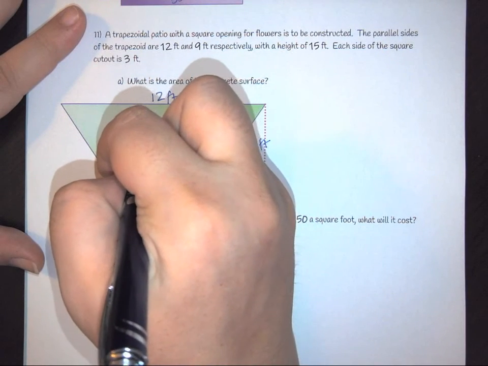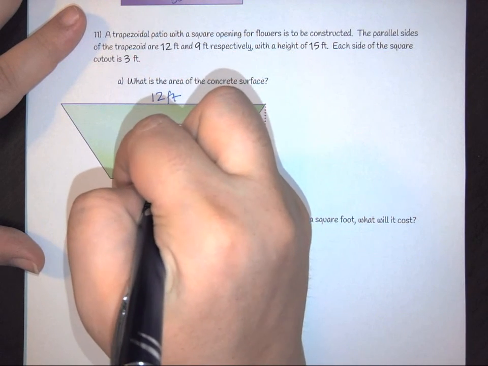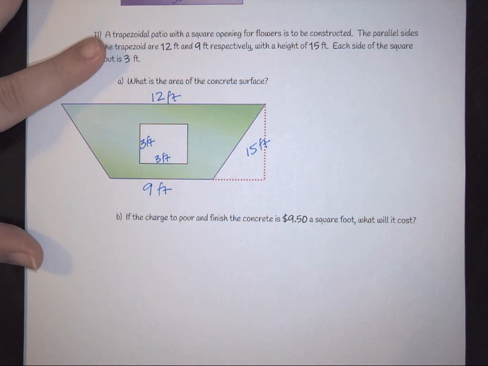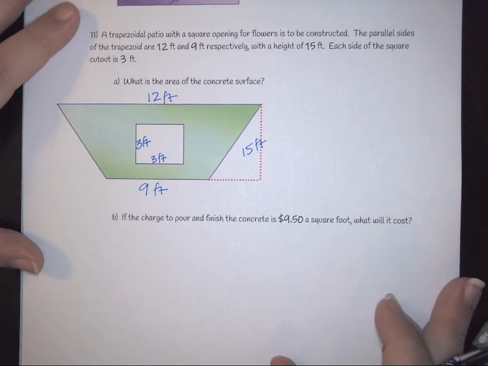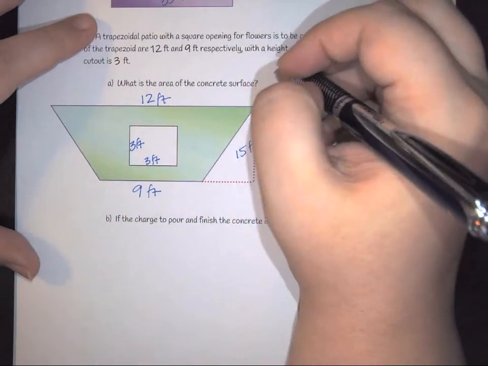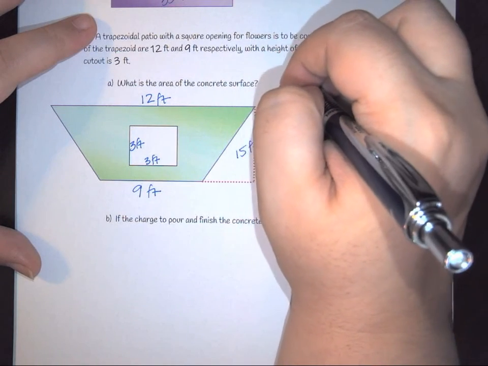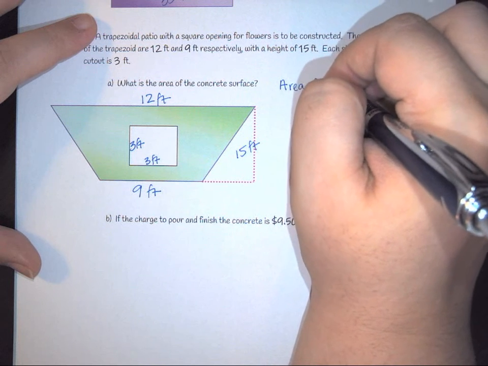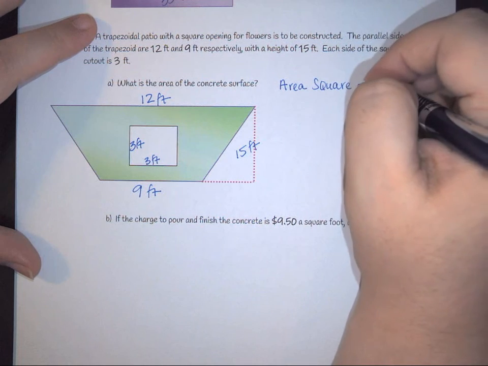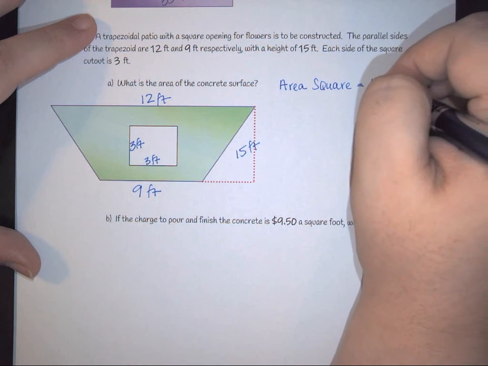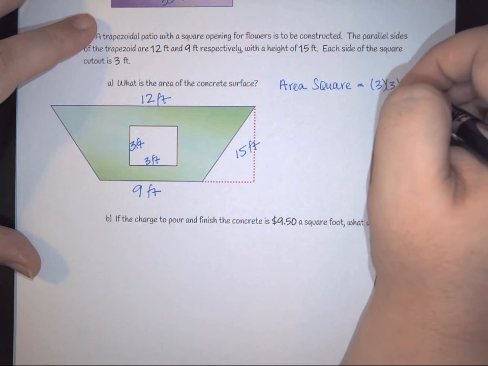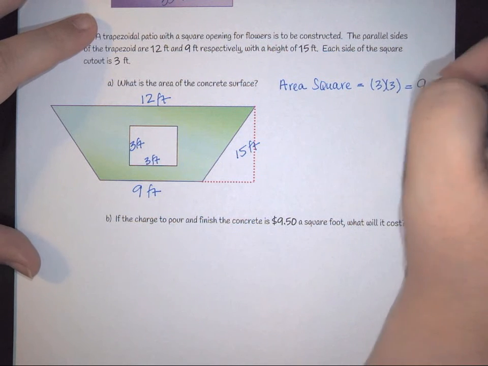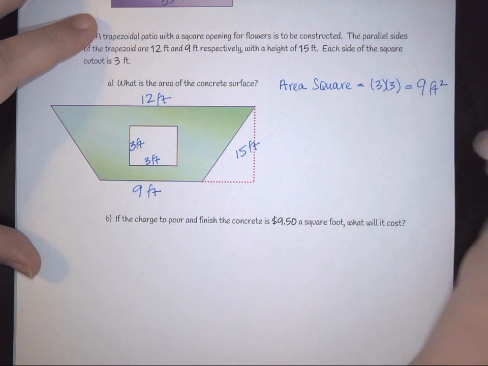So here I have 3 feet by 3 feet. What is the area of the concrete surface? So the first thing I need to do is I need to know the area of the square, which is going to be 3 times 3, which equals 9. And this is feet squared.